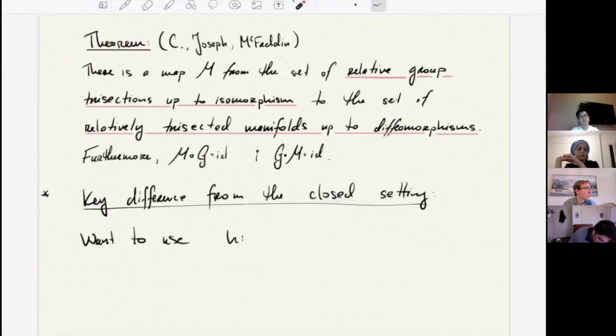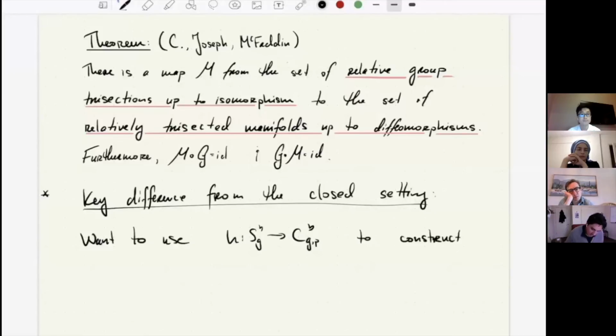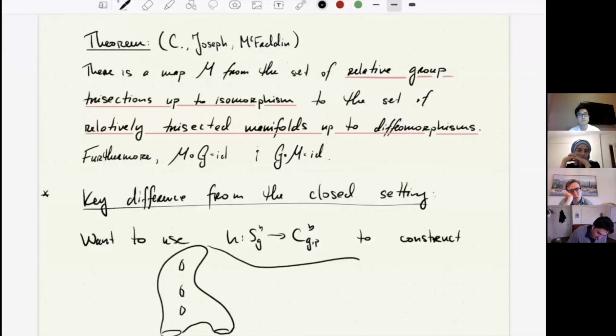We want to use each of those homomorphisms to these groups to construct, and all this has to be unique, to construct a cobordism from some high genus surface to some lower genus surface.